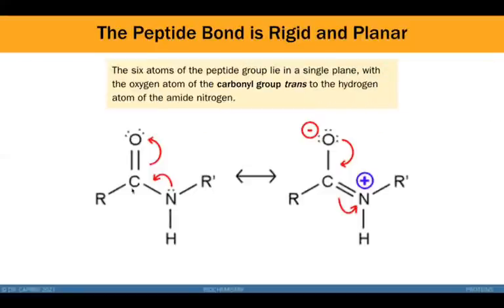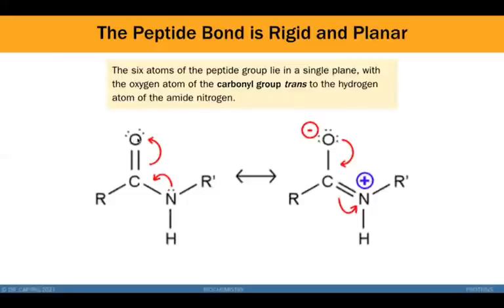So because of the possible resonance of the electrons, this imparts a partial double bond between the carbonyl carbon and the nitrogen of this entire peptide bond. So this arrangement of the peptide bond is very important.